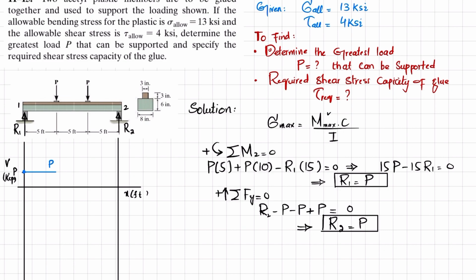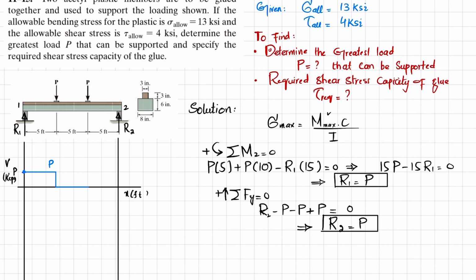Now at this point we have minus P, so P minus P is equal to 0. So the shear force will move from P to 0. Again, moving from this point till this, there is no other force, so it will remain 0 till this point.